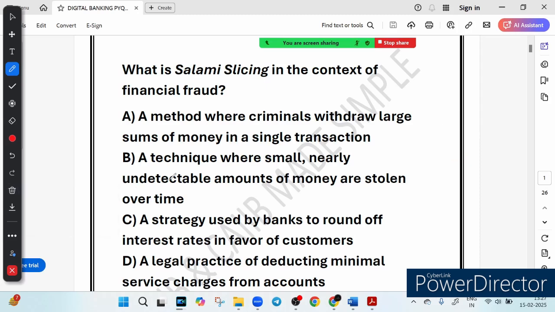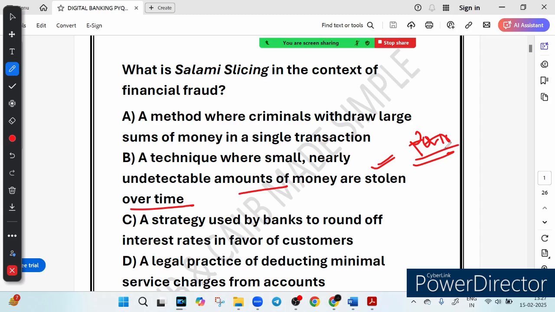Option B says a technique where a small, nearly undetectable amount of money is stolen over time. Yes, this is the correct answer. Salami slicing, you know, is a fraud technique where a small amount of money is taken from multiple accounts or transactions in a way that no one notices. For example, let's say a bank employee manipulates the system so that every time a customer earns interest, rupees 0.10, that is 10 paisa, is secretly transferred to the fraudster's account.